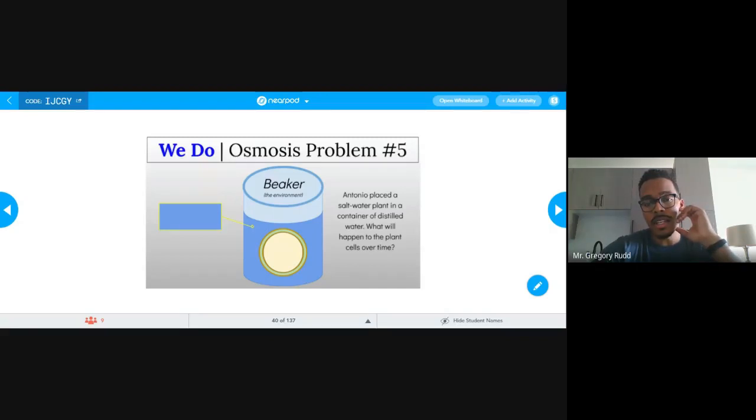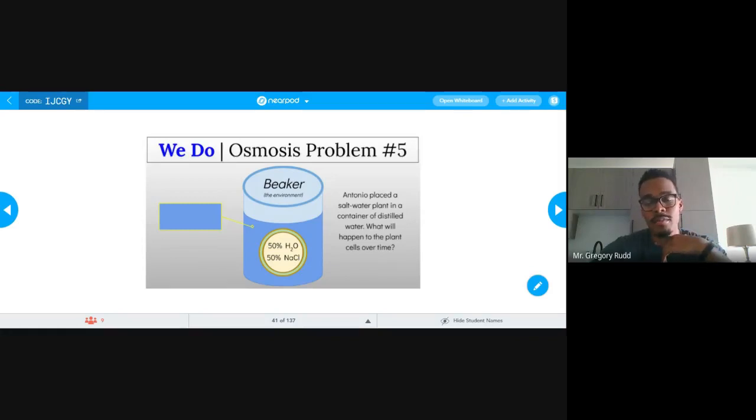So what is that really telling us? We've got this cell, and I represented the cell with that kind of circular figure inside of the beaker. If it's a saltwater plant, then it's used to being in a condition or in a container that is very salty. It might be 50% salt, 50% water.